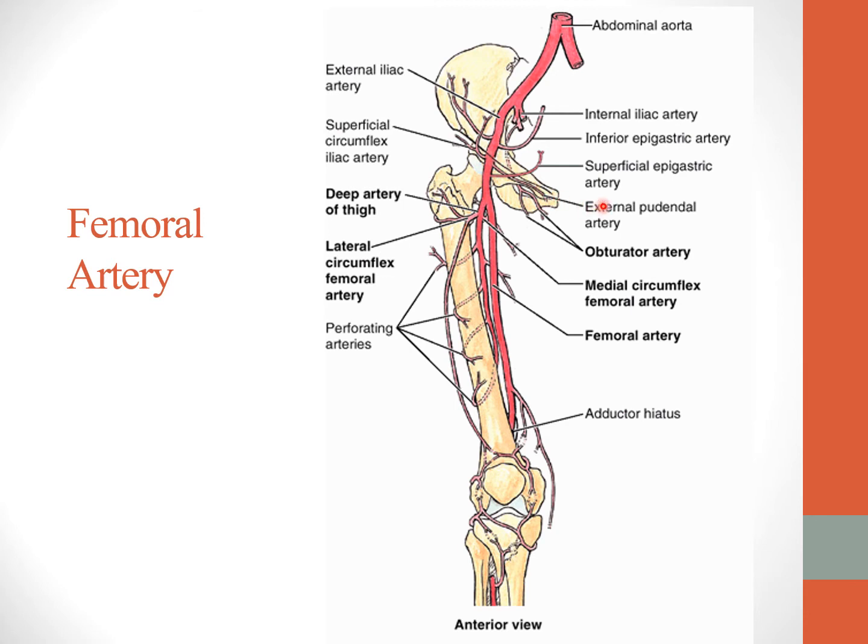And here you can see the branches from the femoral directly: superficial epigastric, external pudendal, and superficial circumflex iliac. These are the superficial branches of the femoral artery. The femoral artery runs downward, and at the adductor hiatus it becomes the popliteal artery. So that is all about the femoral artery, three superficial and three deep branches.